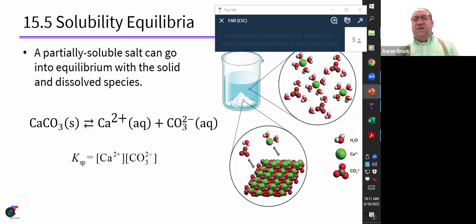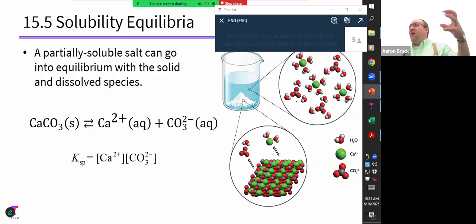And when it dissolves, it is going to get solvated, just like we saw in Chem 105, where the positive ions are going to attract the negative poles of the water, and the negative ions will attract the positive poles of the water, and they will separate the ions from each other that way by surrounding them with water molecules.